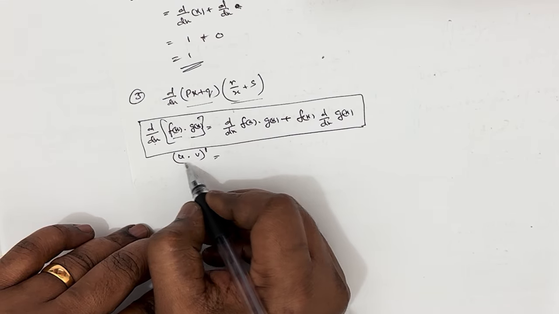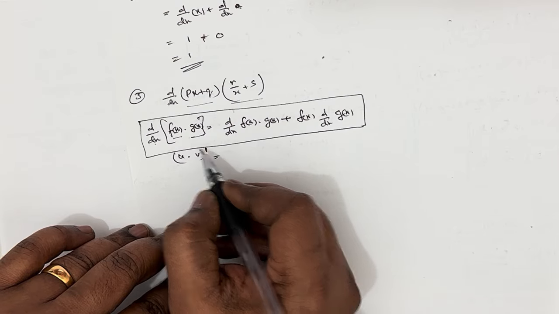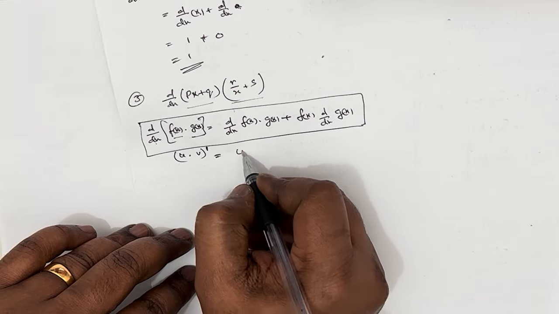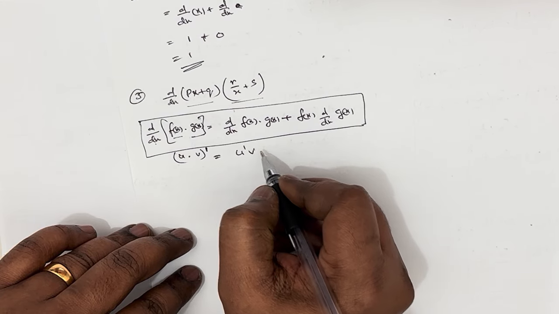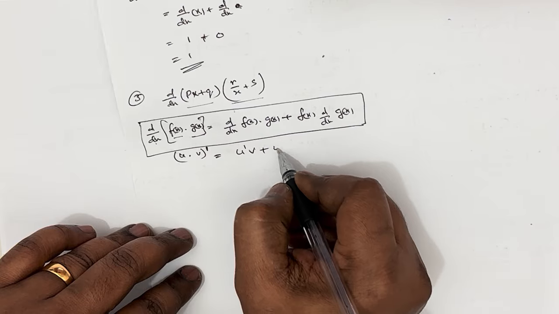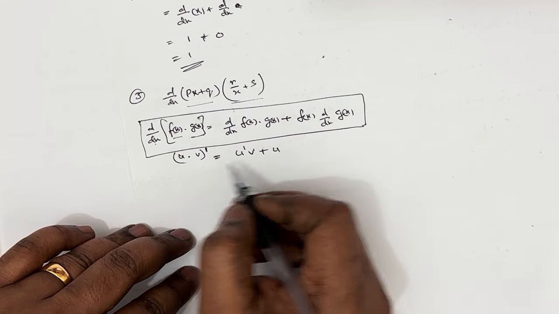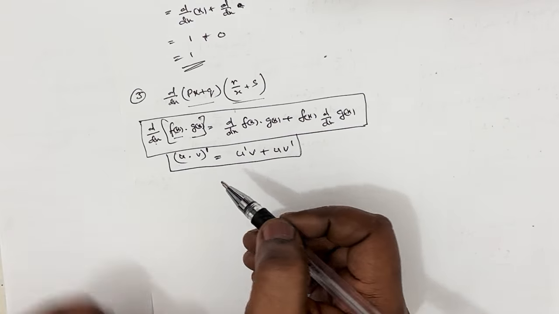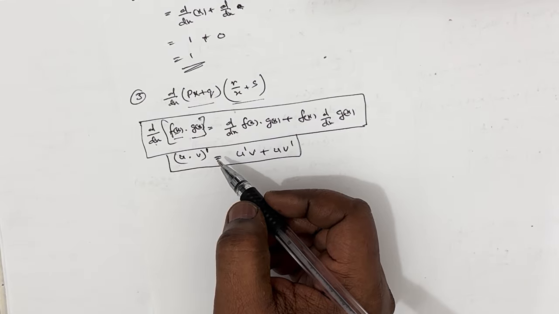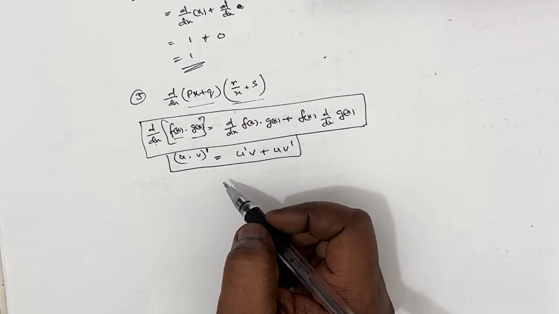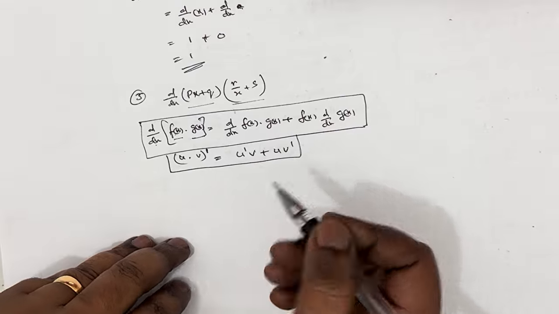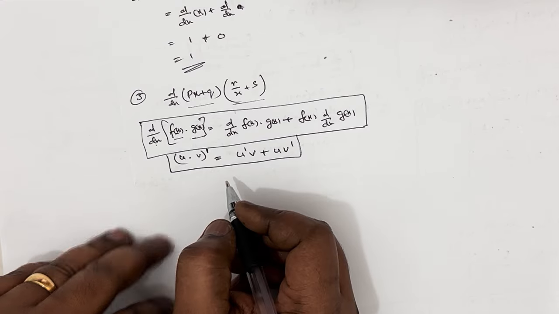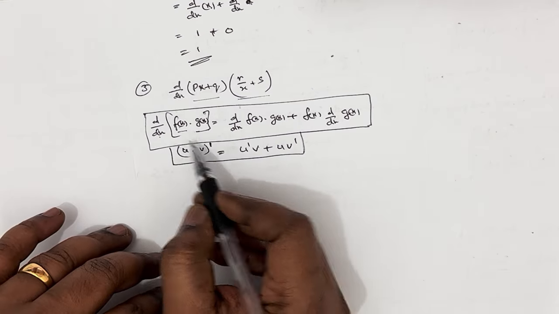So uv dash will be the derivative of the first function, that is u dash, multiplied by the second, that is v, plus the first function as it is, that is u, and the derivative of the second function, that is v dash. These both are the same formulas, just the look changes. We are only using small letters so that the size may be decreased. Just the notation changes.